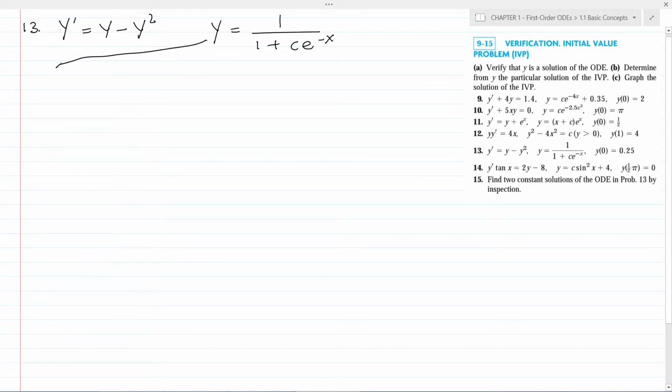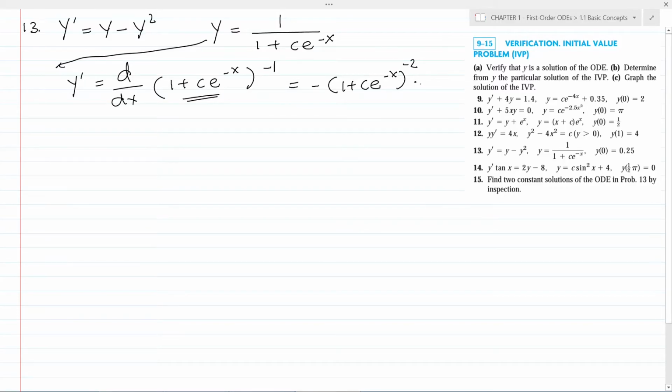So we differentiate y and we get y dash equal to d by dx of (1 plus c e to the power minus x) to the power minus 1, which is equal to minus (1 plus c e to the power minus x) to the power minus 2 multiplied by differentiation of the terms inside, which is c multiplied by minus 1 multiplied by e to the power minus x.